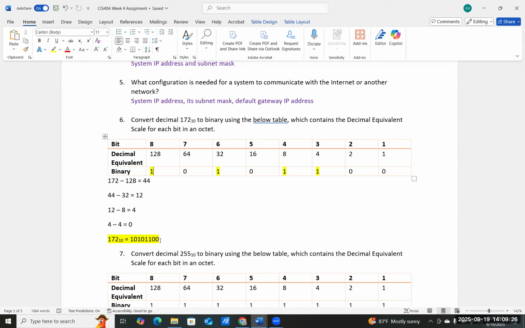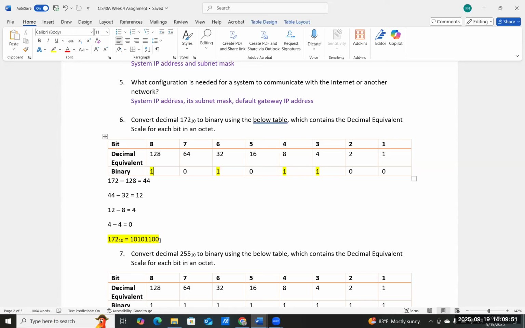And then I have a remainder 4. I continue. Can I subtract the next equivalent bit? Yes. 4 subtract 4. So you go until you get a 0, right? So 4 minus 4, I get a 0. So I subtract it. So I put a 1 there. And then since I have a 0, I can't subtract anymore, right?